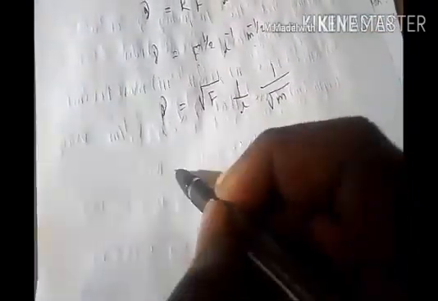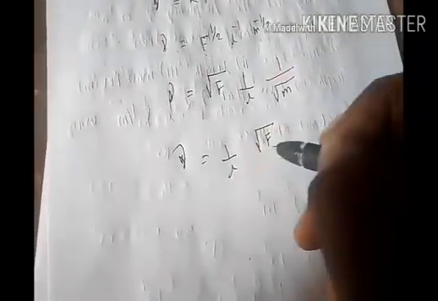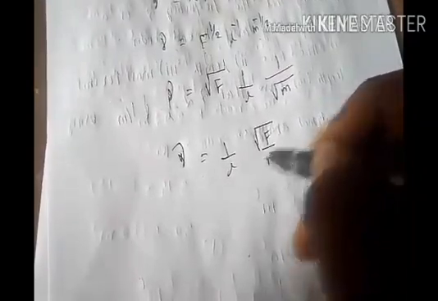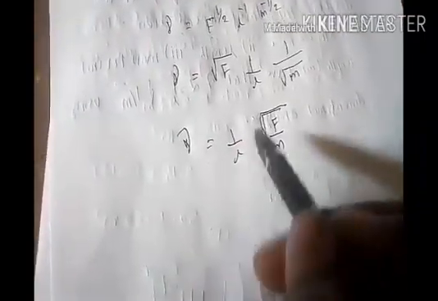So this is written like this: 1 by L root of F divided by m. So the frequency equals 1 divided by L root of F divided by m. This can be proved.